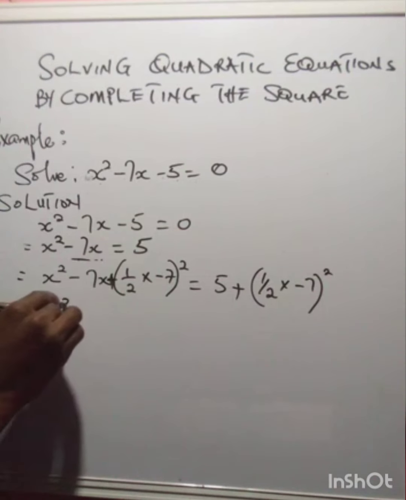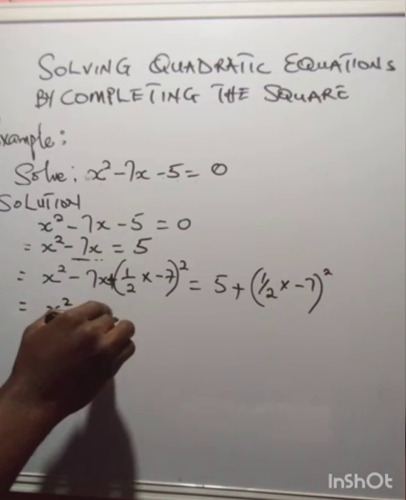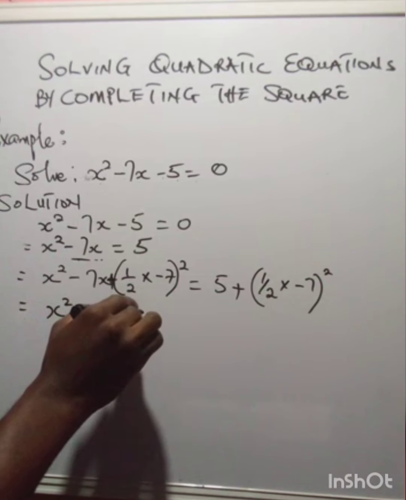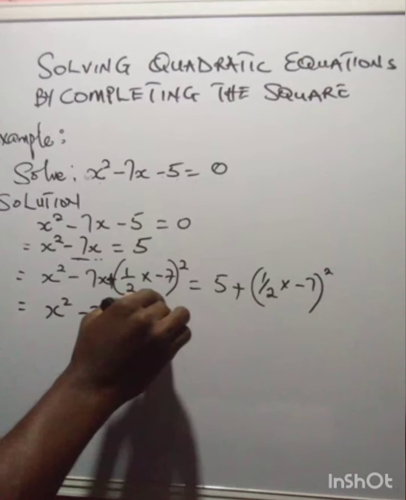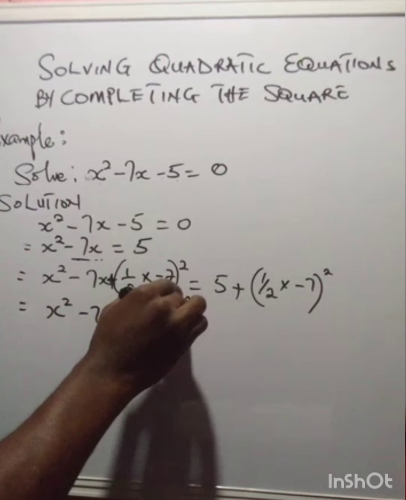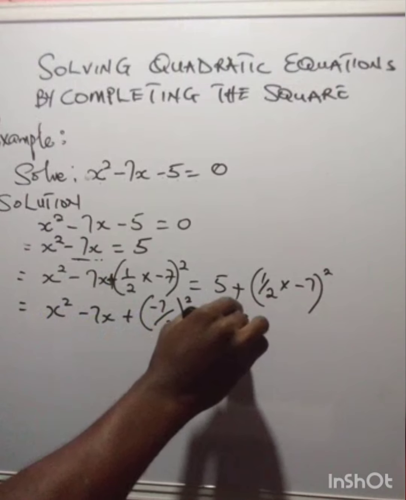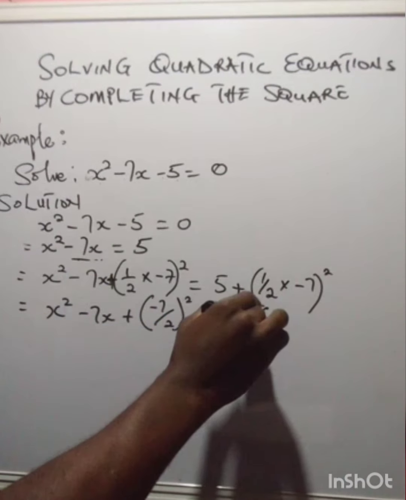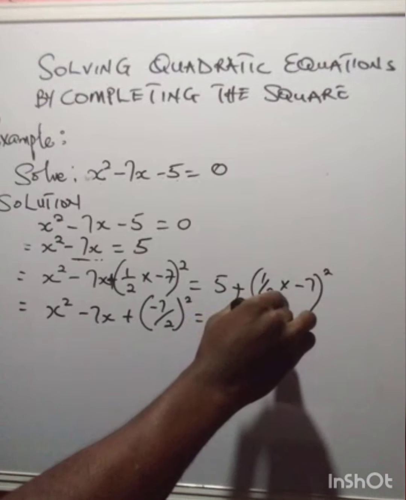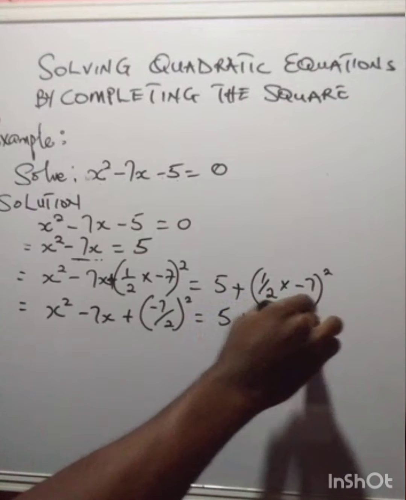This becomes x squared minus 7x plus, in bracket, minus 7 over 2 all square equals 5 plus bracket minus 7 over 2 all square.